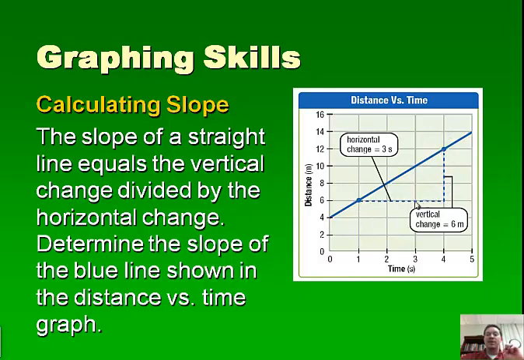Remember, speed equals distance divided by time. So I've got 2, 4, 6 in my distance direction. Again, I've only got a change of 1 along this one. So 1, 2, 3. So I have 6 divided by 3. 6 meters divided by 3 seconds gives me my speed, and 6 divided by 3 gives me 2 meters per second.